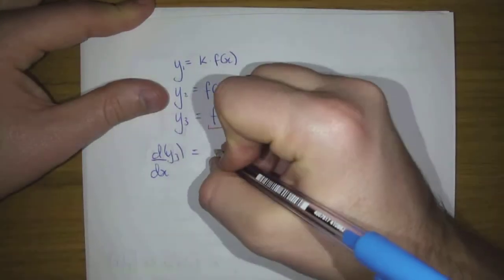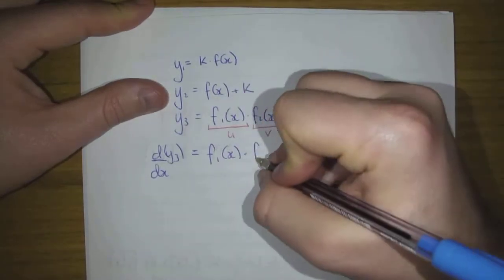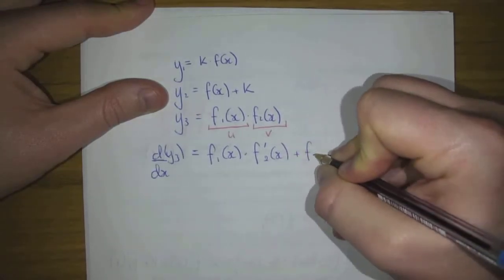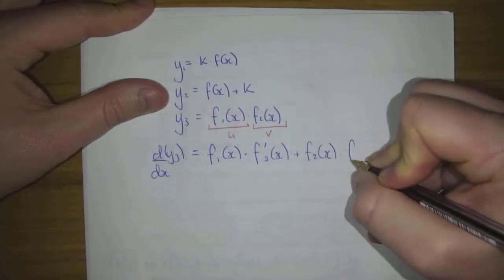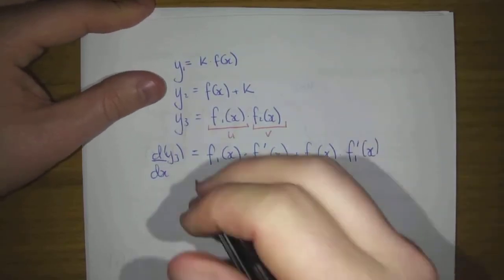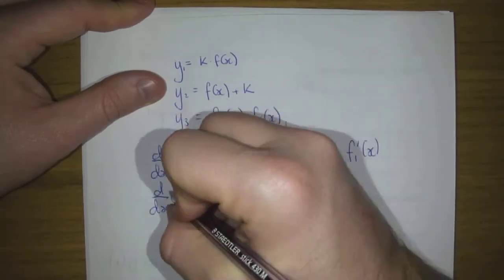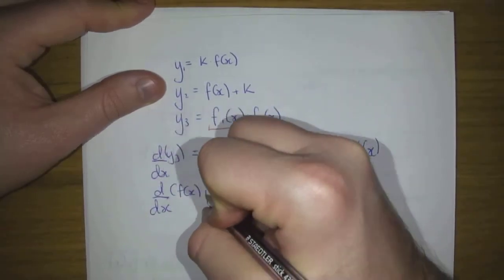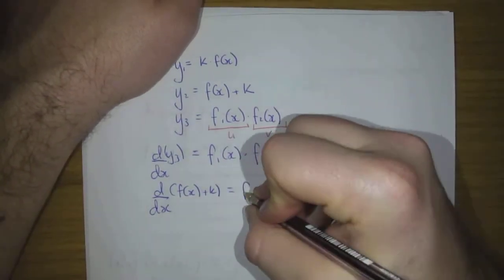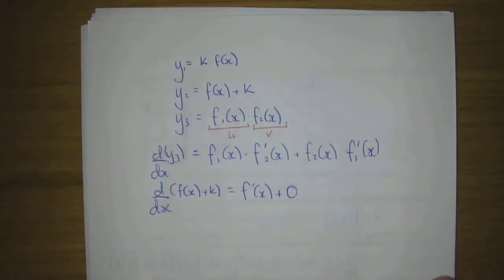So it's the first thing times the derivative of the second thing, this is the product rule, plus the second thing times the derivative of the first thing. So that's the product rule. Okay, and then for y2, if you're differentiating this, I use the sum rule, which means you differentiate term by term. So the derivative of f of x is f dash of x, and the derivative of a constant is 0.